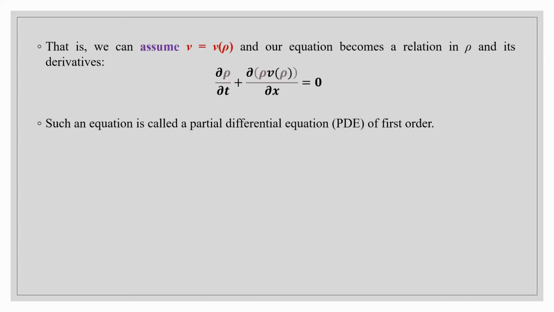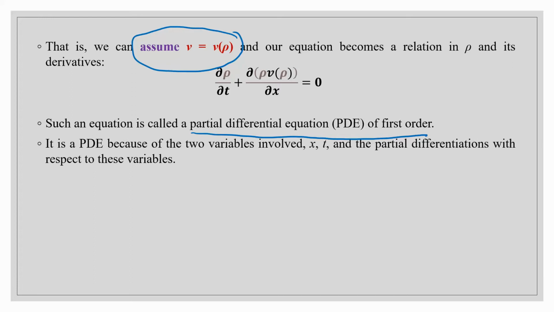So we have to assume that our speed is a function of density, and if we put that, we will see that we get a partial differential equation in which the dependent variable is density and the independent variables are x and t. That's why it is called a partial differential equation, because we have more than one independent variable.